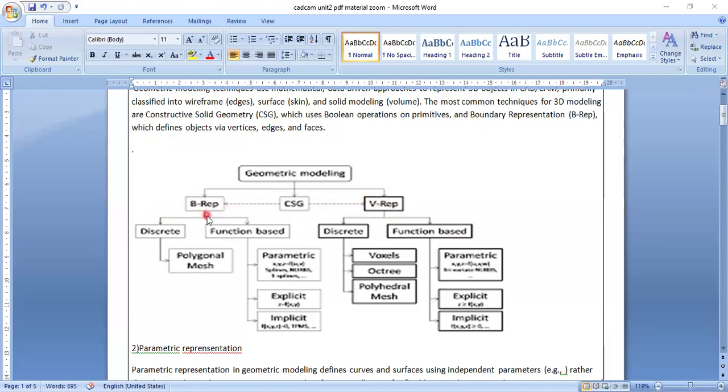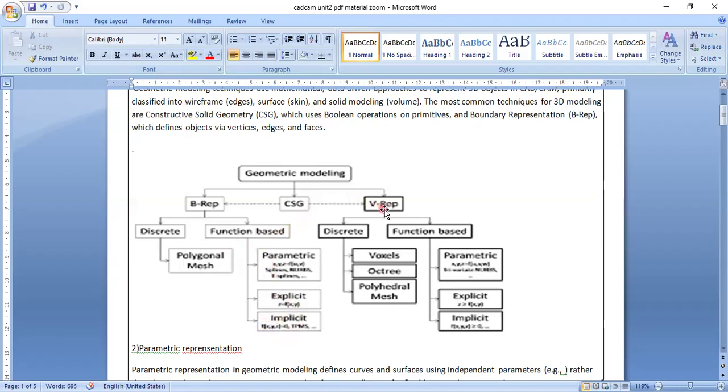Boundary representation is again divided into discrete and function based. The discrete is divided into polygon meshing. So meshing operations can be done, meaning every unit element is taken and tested here. Function based is parametric. Parametric takes explicit functions and implicit functions for this study.